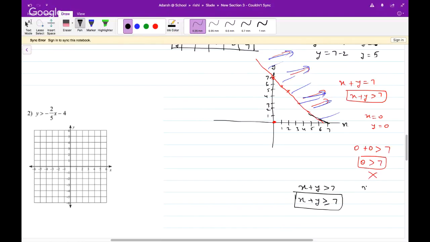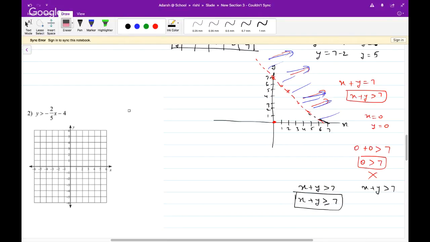Now when x plus y is only greater than 7, that means x plus y is not exactly 7, it is any value greater than 7. So the representation changes here. It won't be a continuous line, it has to be a discontinuous line or a dotted line. Hope this part is clear. So in our case, it has to be a dotted line.